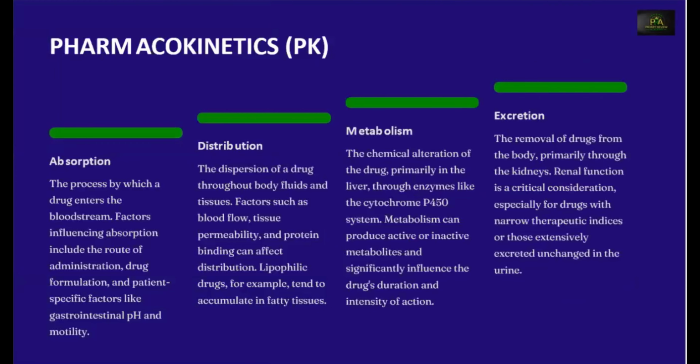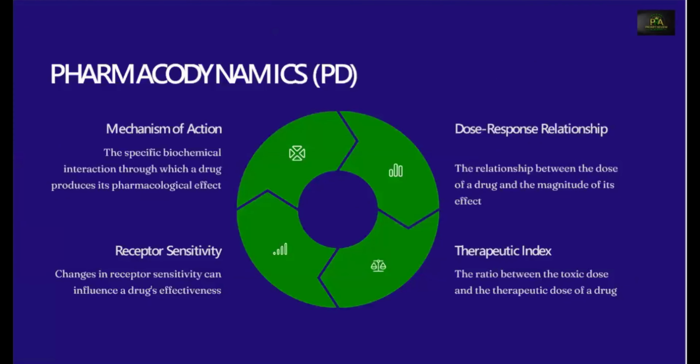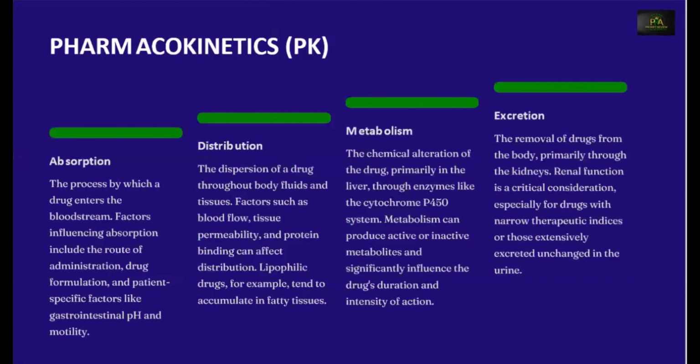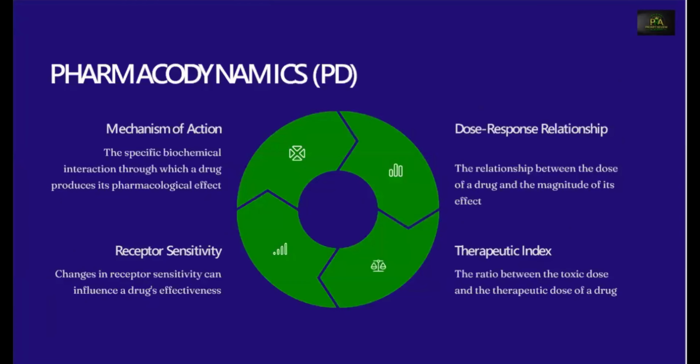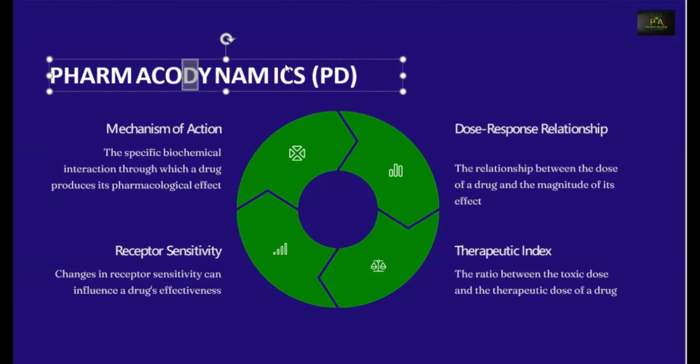Then if you talk about pharmacodynamics and pharmacokinetics. Pharmacodynamics, if you spell it, D in the middle is drug. So pharmacodynamics is what the drug does to the body. That is the simple definition.